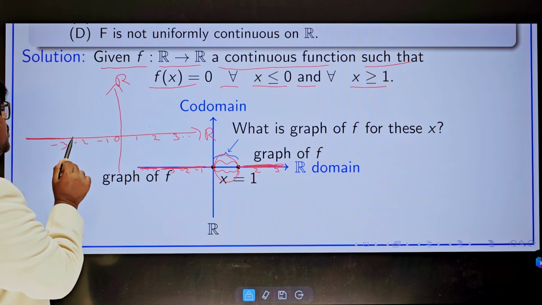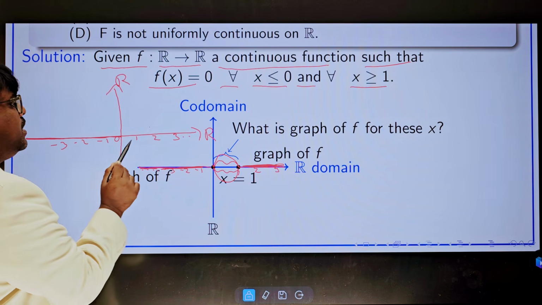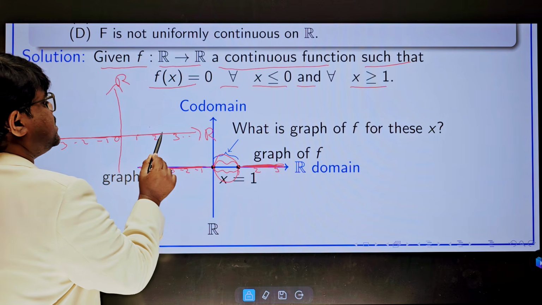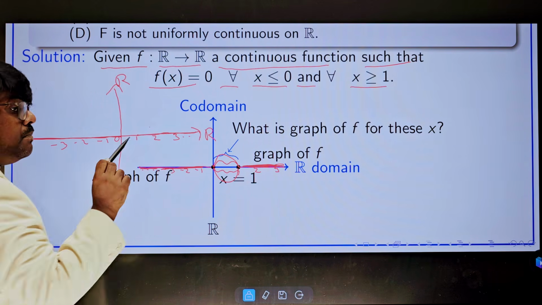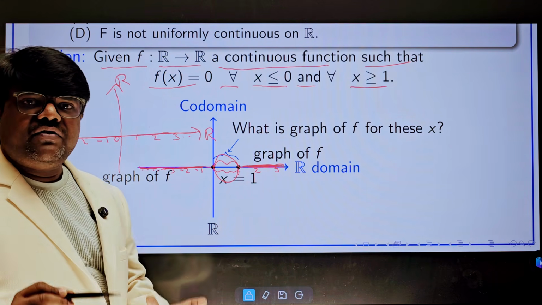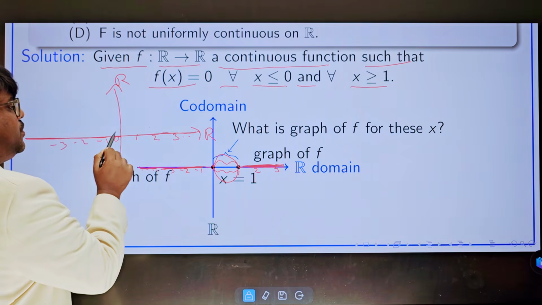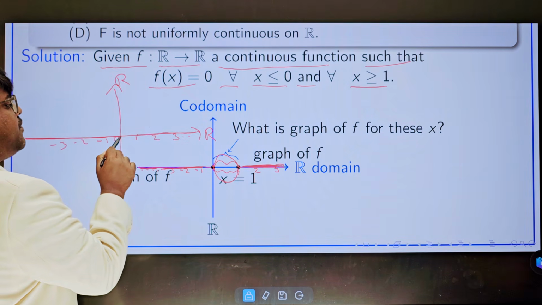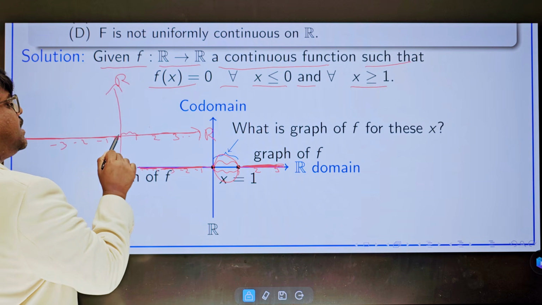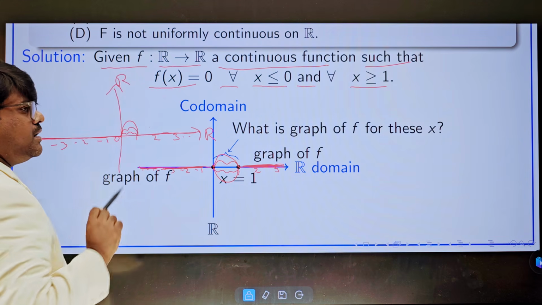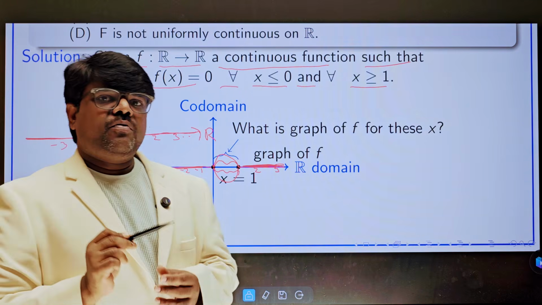For x less than or equal to 0, the function value is 0. For x greater than or equal to 1, the function value is 0. But the function f is continuous. We don't know what type of graph there is from 0 to 1. It may be like this, like this, or like this. Another piece of information they have given.